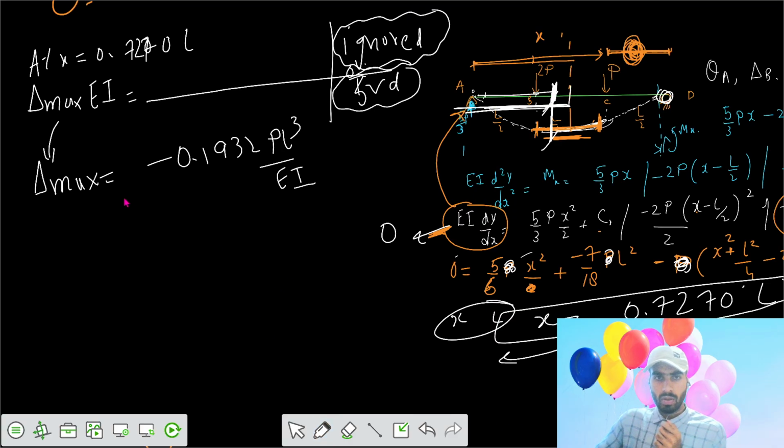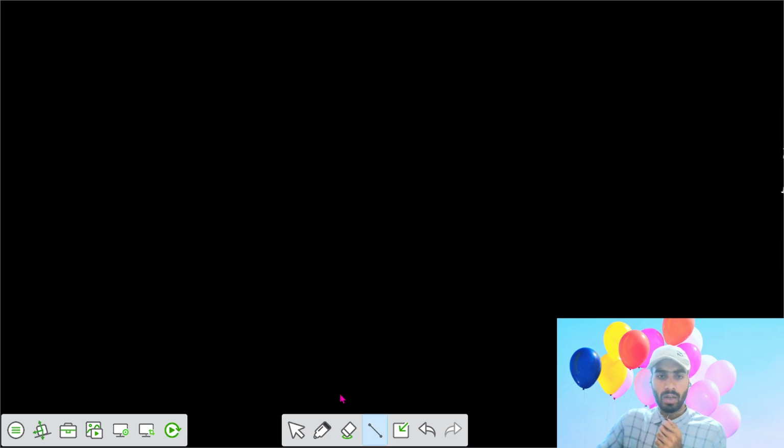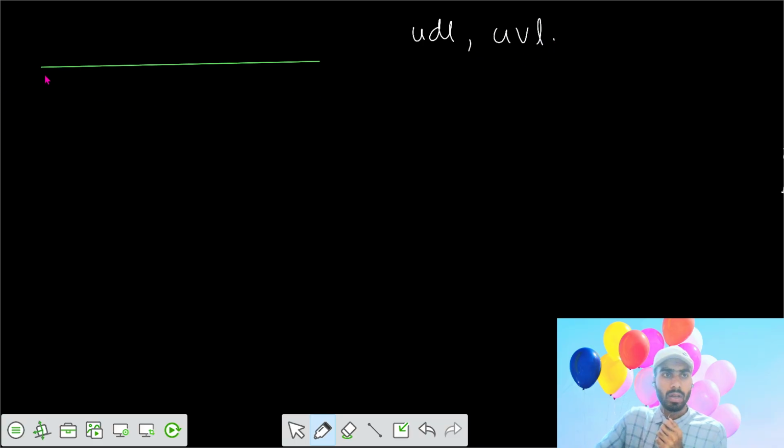So this was the case for Macaulay's method. Now if you want to use Macaulay's method for a loading such as a UDL or a uniformly varying load, Macaulay said that, let's say you are having a load in this fashion.